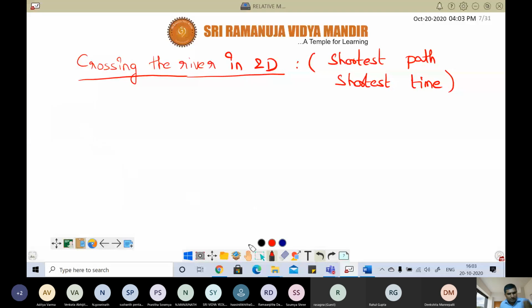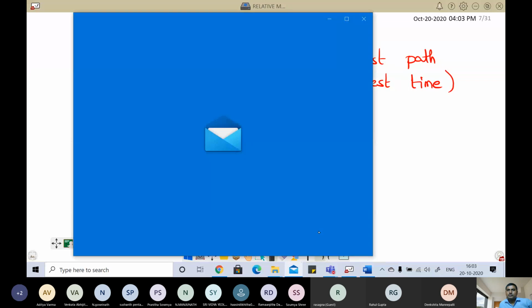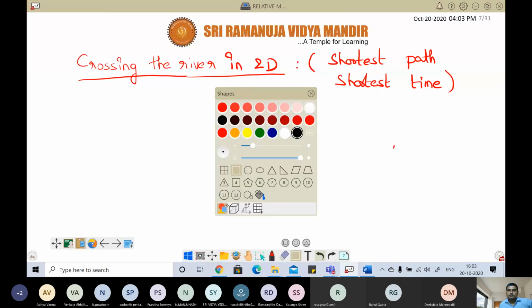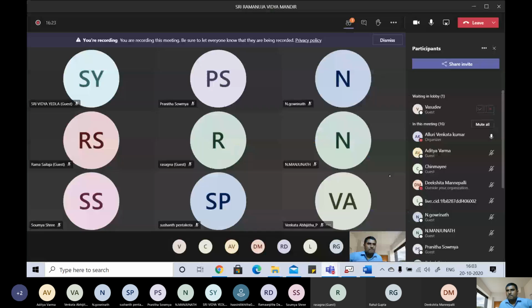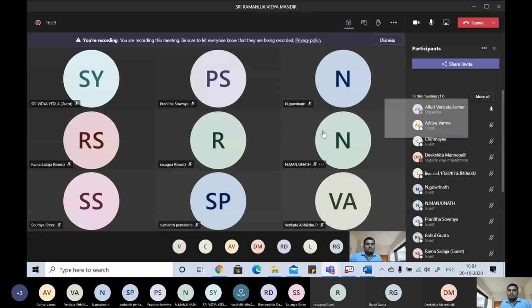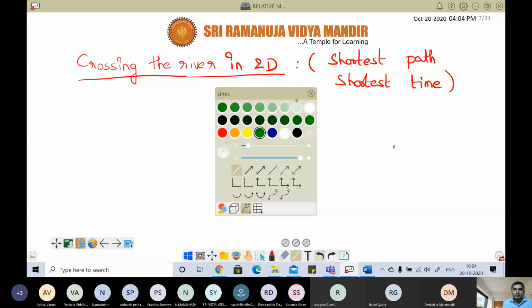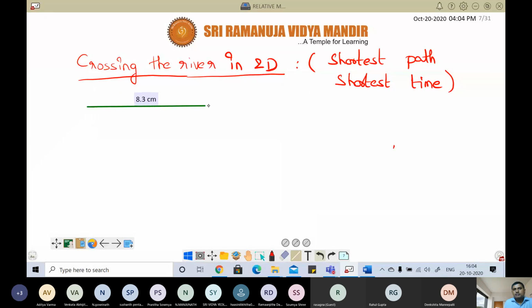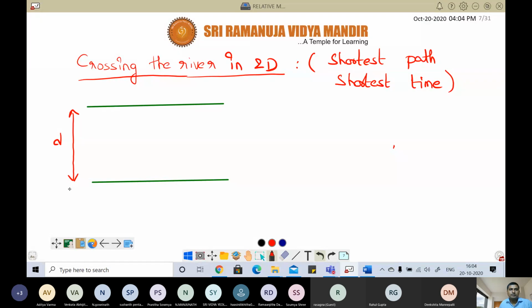So now suppose let us say we take the river. Let us say this is a river of width D. Now there is a river flow, let us say the river flow is towards the right side.